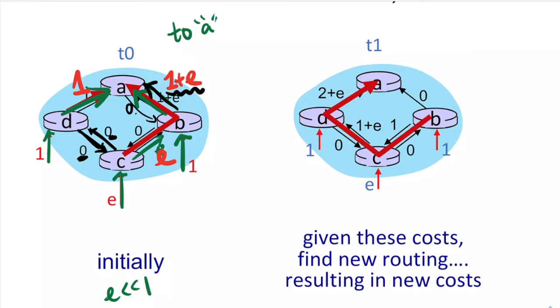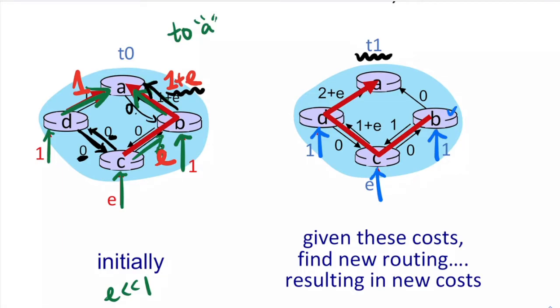At T1, again, new packets arrive at these three routers, still 1 unit, epsilon, and 1 unit, but they have to do a calculation to determine the good path from B, C, D to A at the beginning of time slot 1. So they look at the result of slot 0, which is the red numbers I wrote on the links. Let's take a look at B.